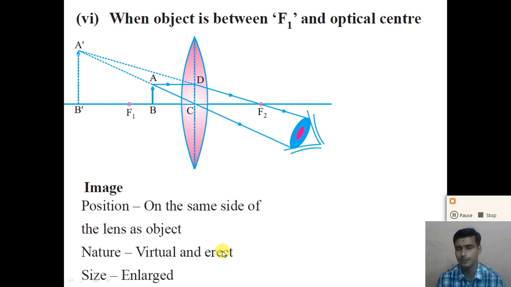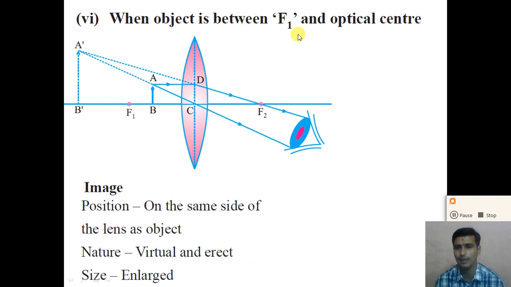So this principle of the convex lens and the refraction of light is used in an optical microscope to produce a larger image of a smaller object. The object is placed between the principal focus and the optical center, right? We can produce a larger virtual and erect image in the optical microscope.